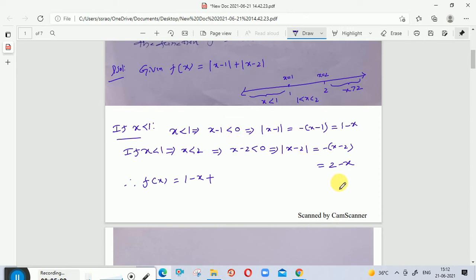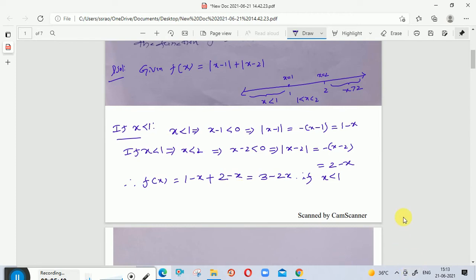Mod x minus 2 is equal to 2 minus x. That is equal to 1 plus 2 is 3, minus 2x. This is f of x if x is less than 1.